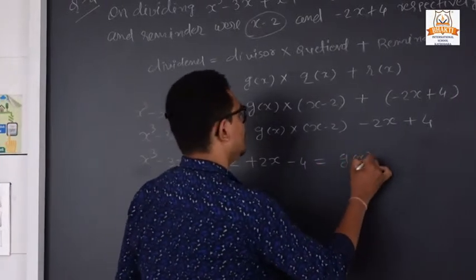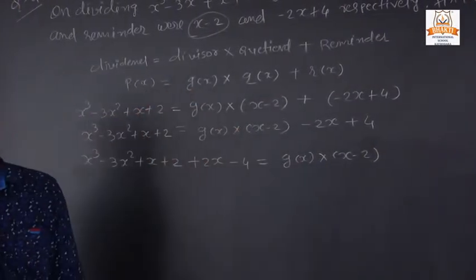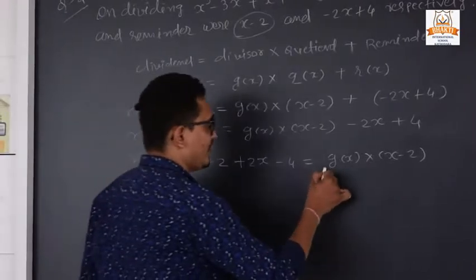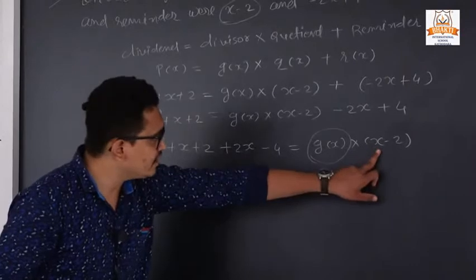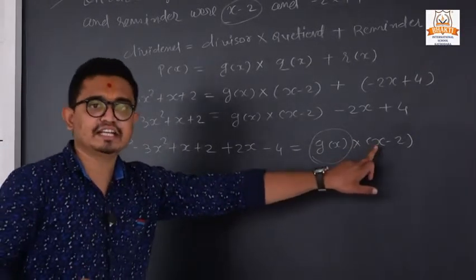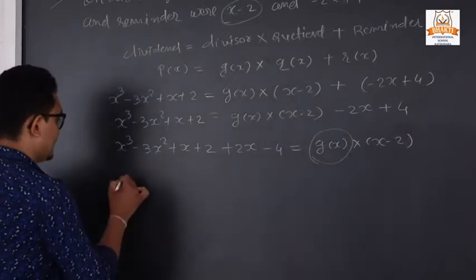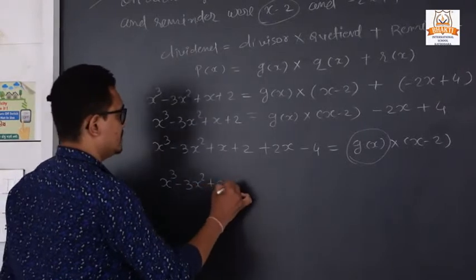Now g of x into x minus 2 will remain the same. Now I want to find what? The divisor. So it will go to the division side because it is in multiplication, and if it is going to the second side, we can write like that: x cube minus 3x square plus x.